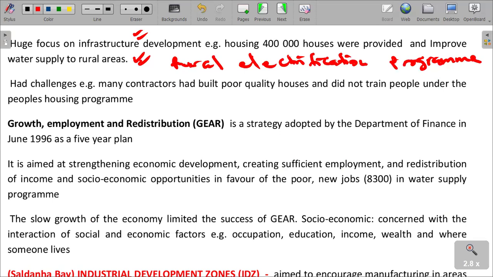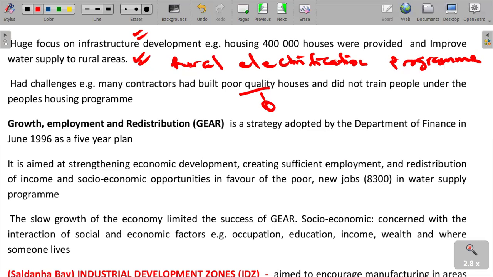So about 400,000 houses were provided. We talk about the water supply. We talk about sanitation. Toilets were built in various residential places; all these are basic needs that we're talking about in regard to the Reconstruction and Development Program. However, it had challenges, e.g., many contractors built poor quality houses. And when we are assessing it, we can also talk about the extent of success.